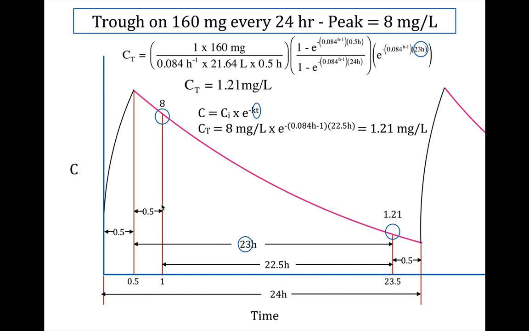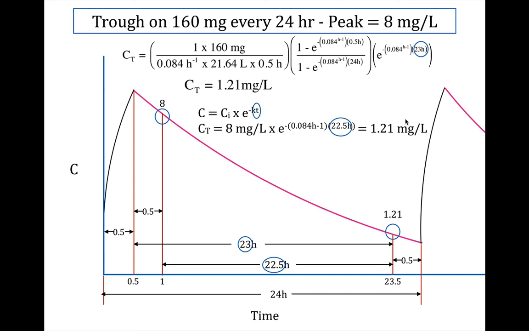The peak is drawn at 1 hour in the interval, a half hour after a half hour infusion, and the trough is drawn at hour 23.5, or a half an hour before the next dose. So the 22.5 hours goes in this portion of the equation, and we end up again with a trough of 1.21 milligrams per liter.